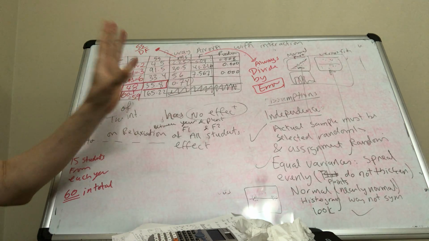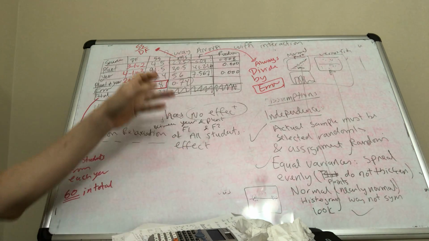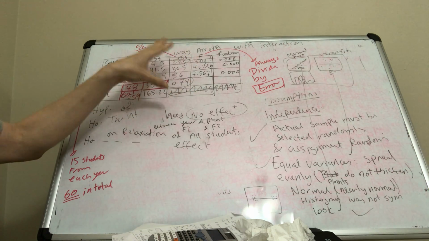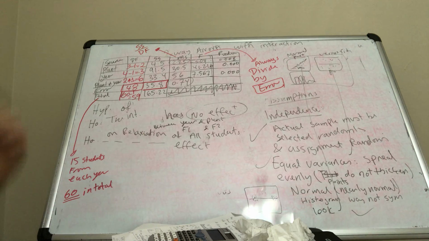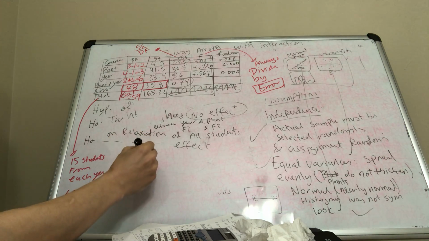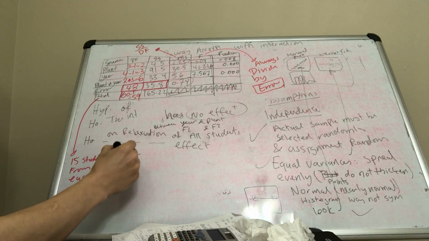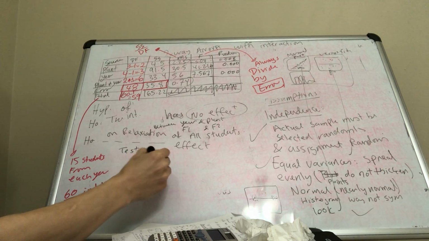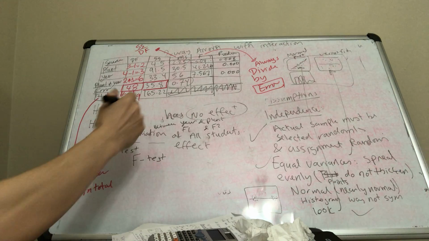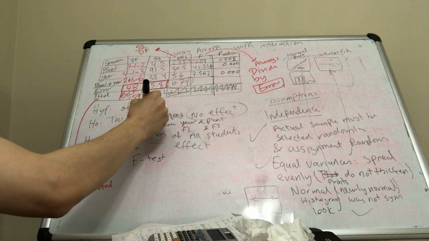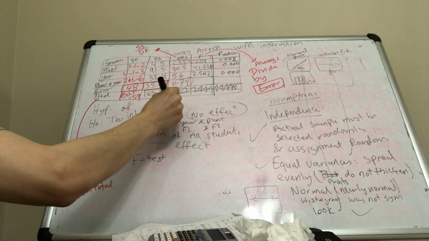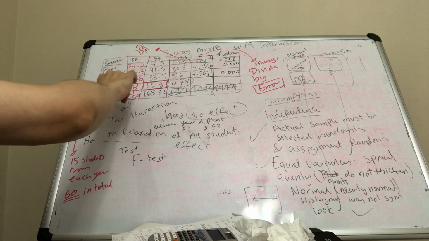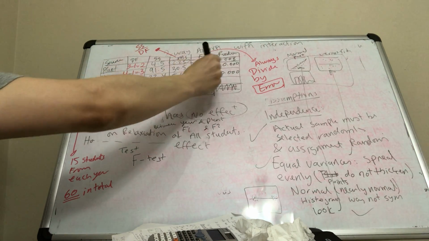These numbers are not exactly the same as Minitab because I'm rounding to 1 decimal point, but I just wanted to show you how it works. Then they wanted to know what test to use. We know it's the F test. But since this one is for interaction, you pick the one for the interaction, which is this one.